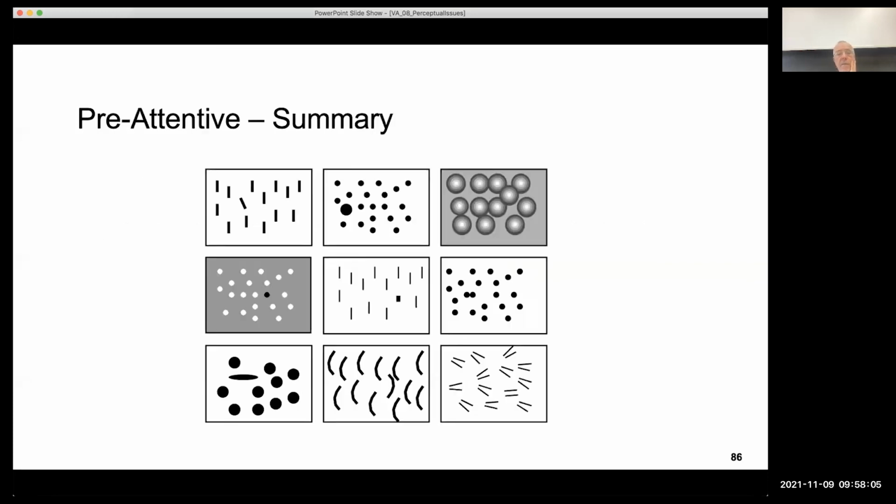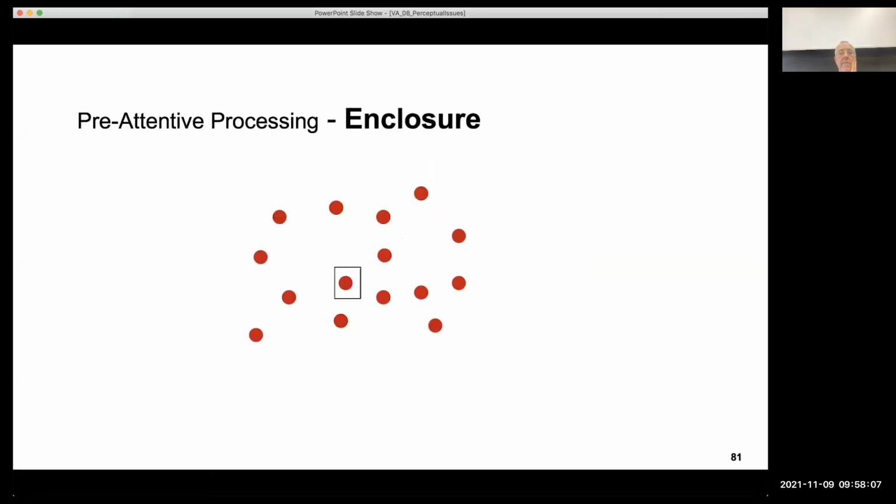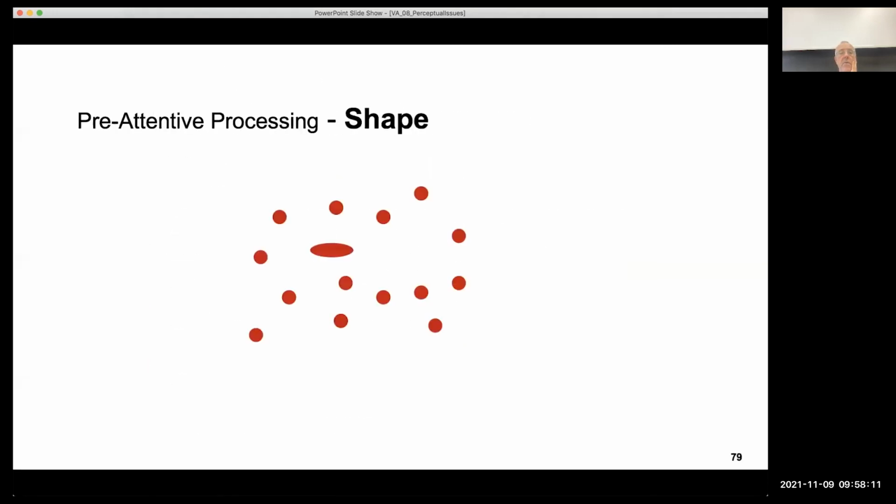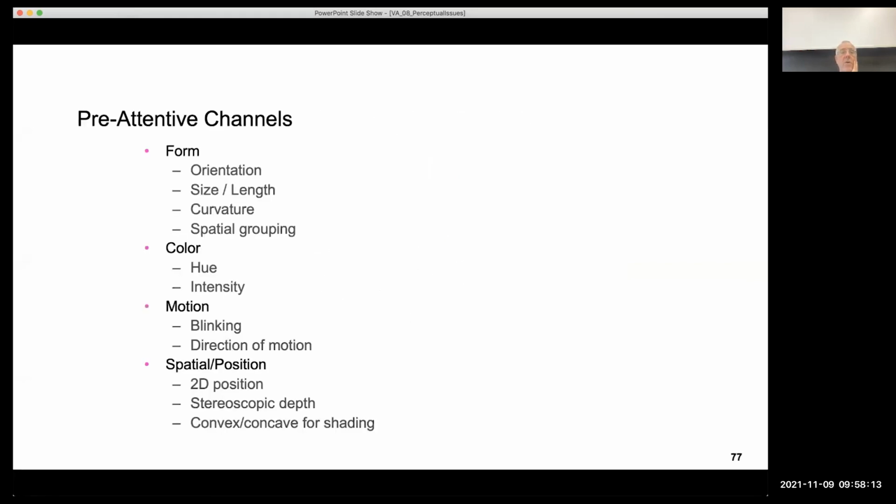We have the problem solved. We have a lot of channels here. So we can encode a lot of things in a pre-attentive way. I can use the hue, the intensity, the motion, the spatial position to encode 3, 4, 5 values.